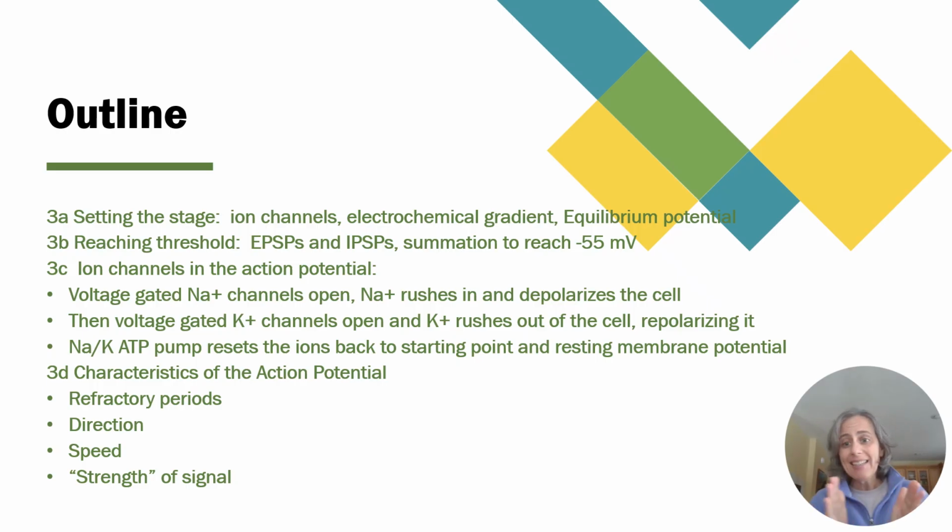Then the potassium channels, which are also opening in response to voltage changes but are a little bit slower to do so, open, and potassium moves along its electrochemical gradient, which is to move outside of the cell. So the inside of the cell becomes more negative and repolarizes. Now remember, this even goes into undershoot. It becomes more negative than the resting potential, and then the sodium potassium ATP pump is going to put everything back to baseline.